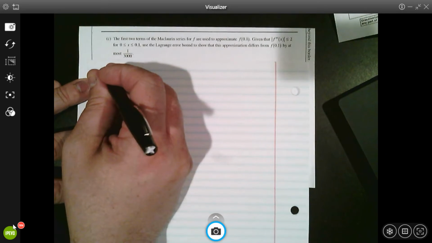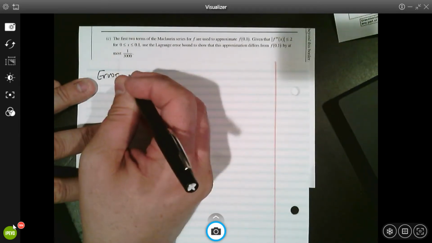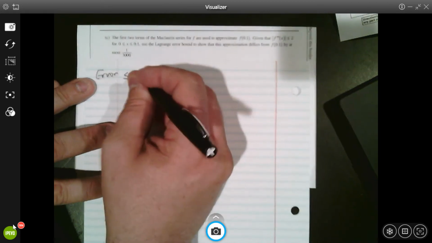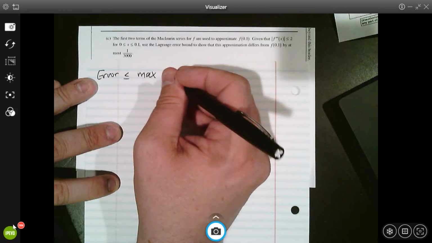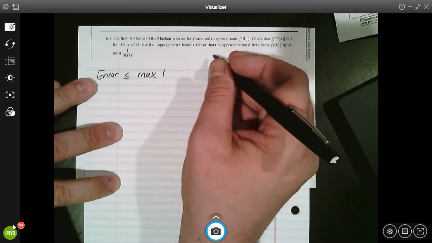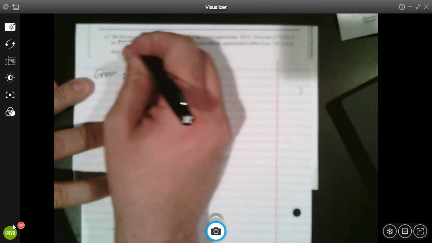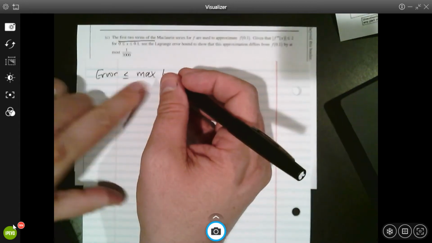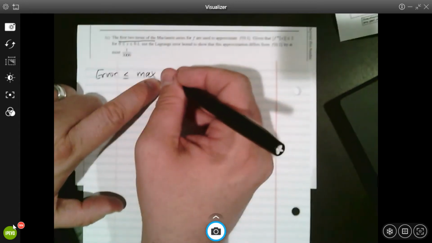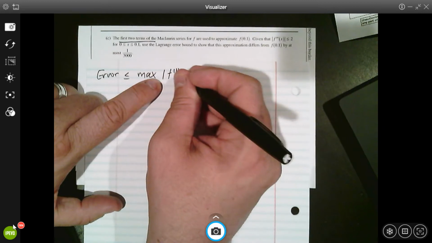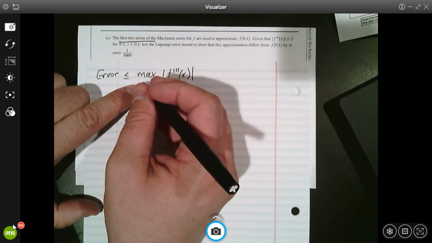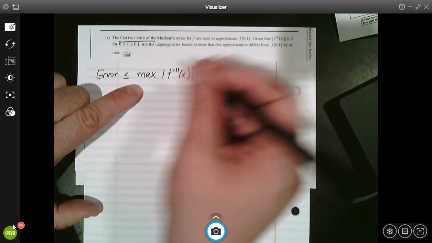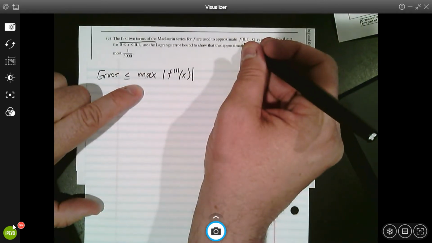So the Lagrange error bound says this: your error is always going to be less than or equal to the maximum of the absolute value. Now we're using the first, what are we using? The first two terms. So the error is going to be less than or equal to the maximum of the third derivative on the interval containing the center and the point that you're approximating.